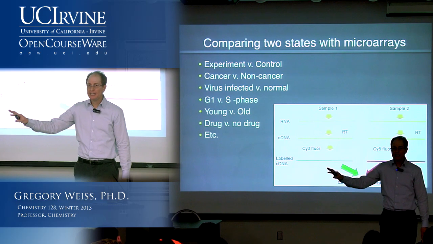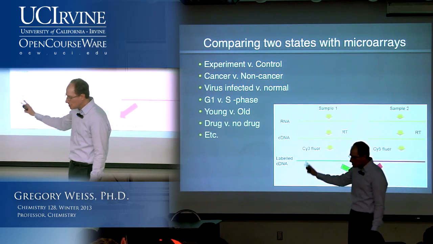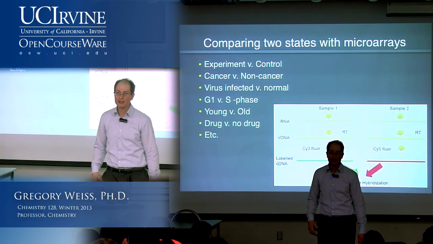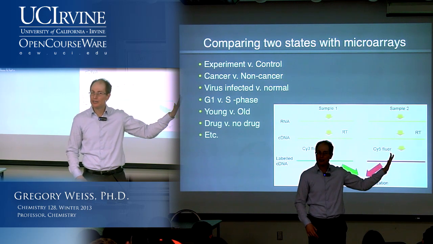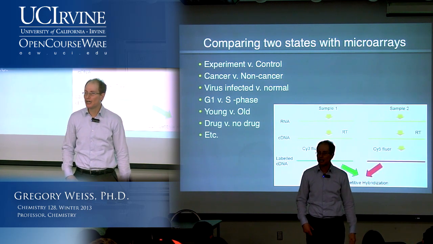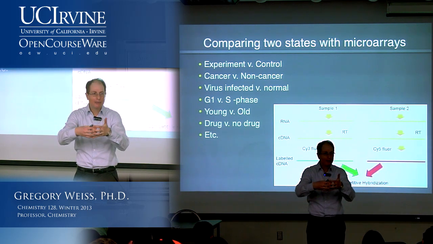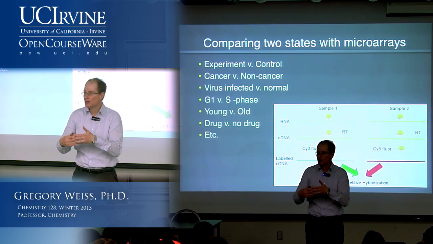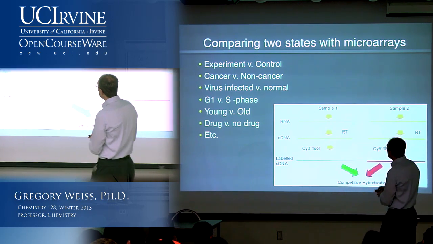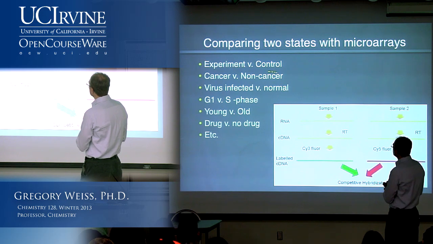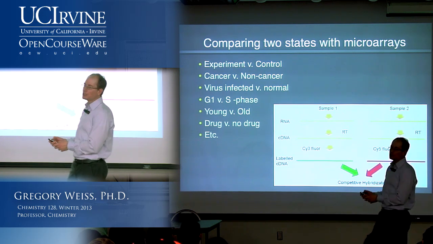The ones that are in green tell you that gene is upregulated in those types of cells. The ones in red tell you it's upregulated in the other types of cells. And where red and green overlap, you see yellow. This allows you to compare experiment versus control.